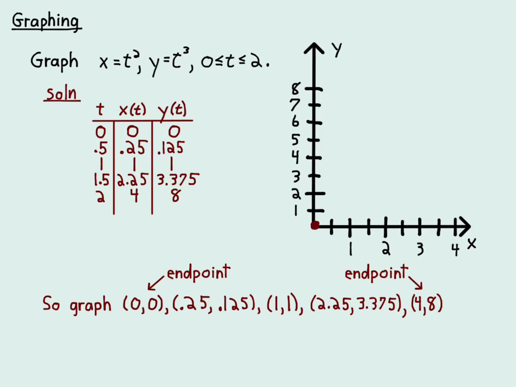I got 0, 0. And then I got 0.25 comma 0.125. So that's 1/4, which is about halfway between those two lines, comma 1/8. So it just goes up a little bit.